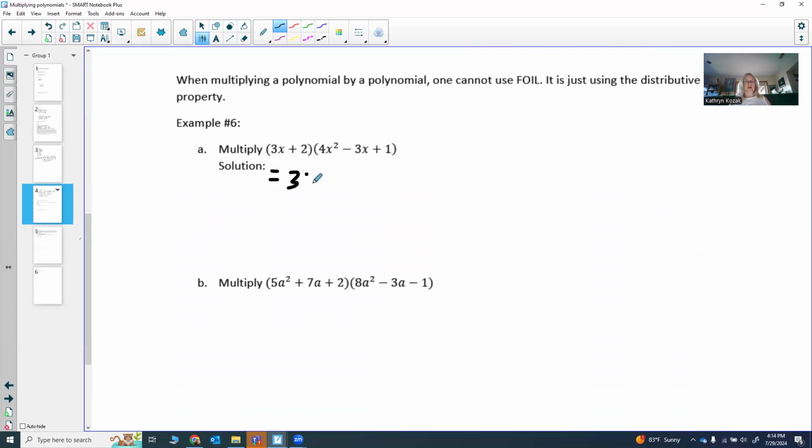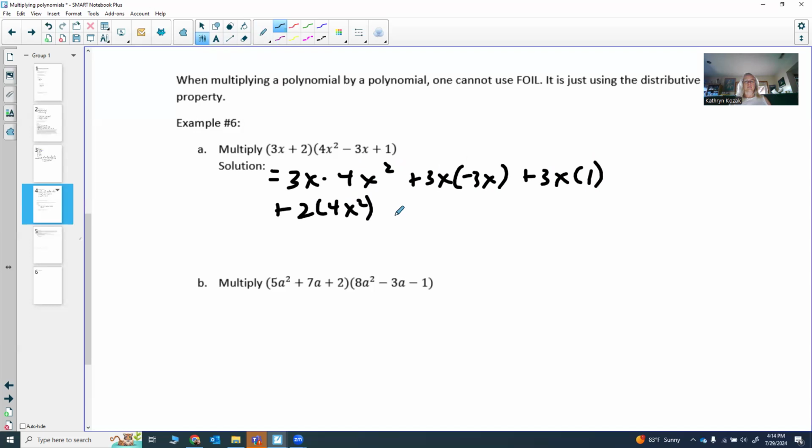So this is going to be 3x times 4x squared plus 3x times negative 3x plus 3x times 1 plus 2 times 4x squared plus 2 times negative 3x plus 2 times 1.